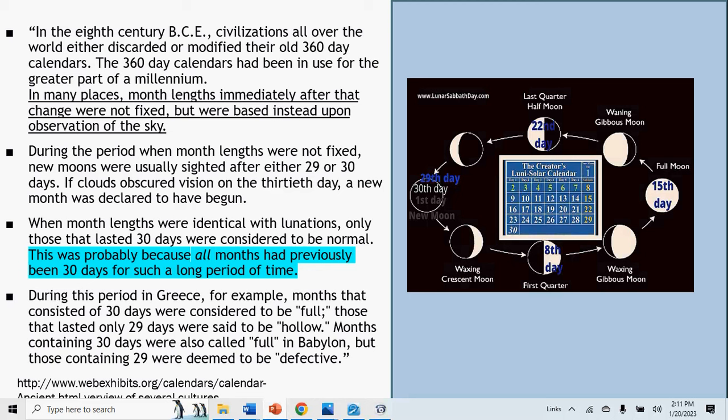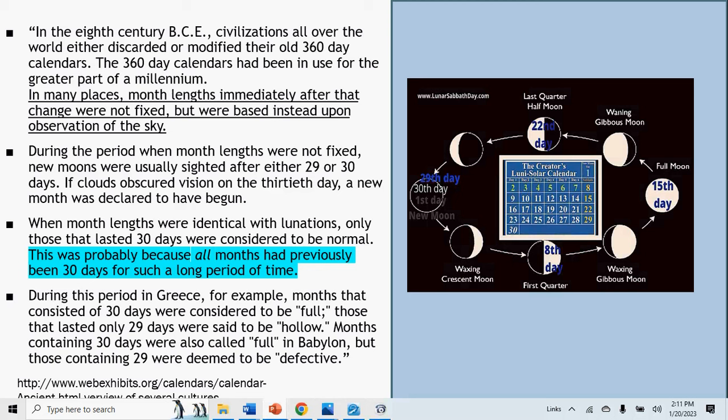When month lengths were identical with lunations, only those that lasted 30 days were considered to be normal. This was probably because all months had previously been 30 days for such a long period of time. During this period in Greece, for example, months that consisted of 30 days were considered to be full.